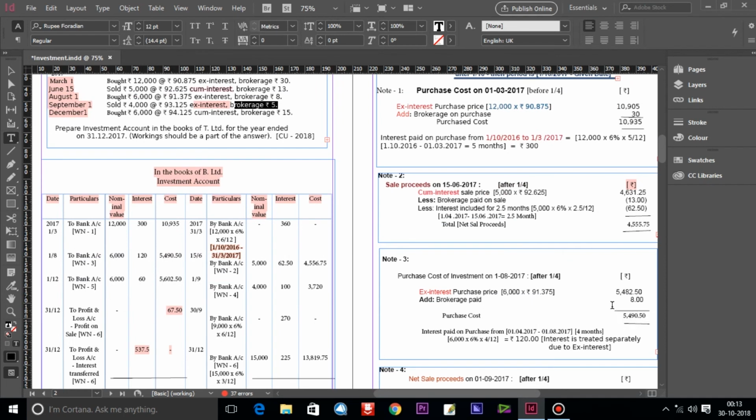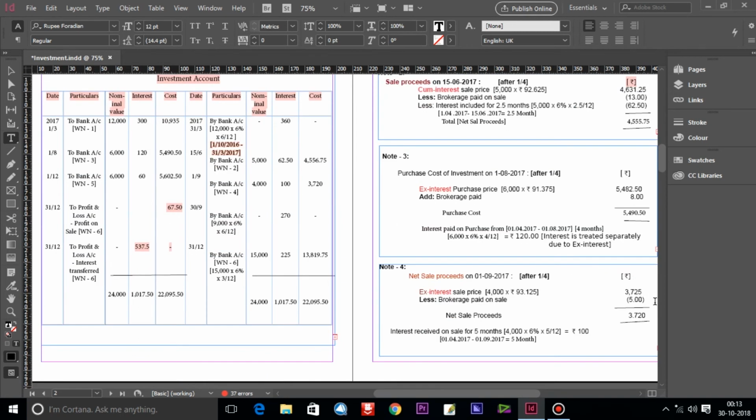Therefore, you have to put 3720 under cost on 1/9/2017.